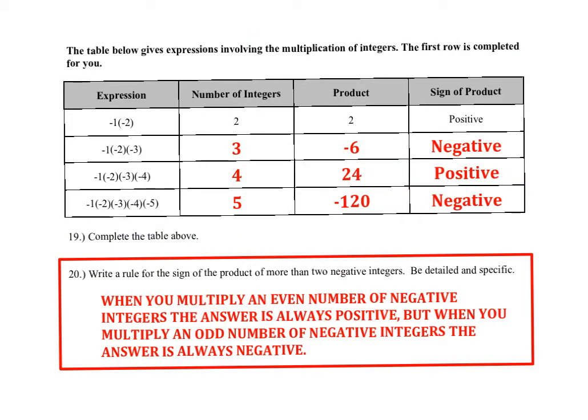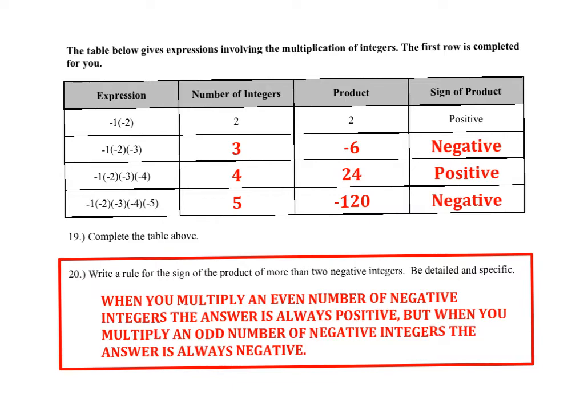All right, and then the last one we're going to grade is number 20, which you were to write a rule for the sign of the product of more than 2 integers, and you were to be detailed and specific. Now, I'll read you what I wrote. You don't need to have word for word what I wrote, but you need to have the gist of it. So I said when you multiply an even number of negative integers, the answer is always positive.